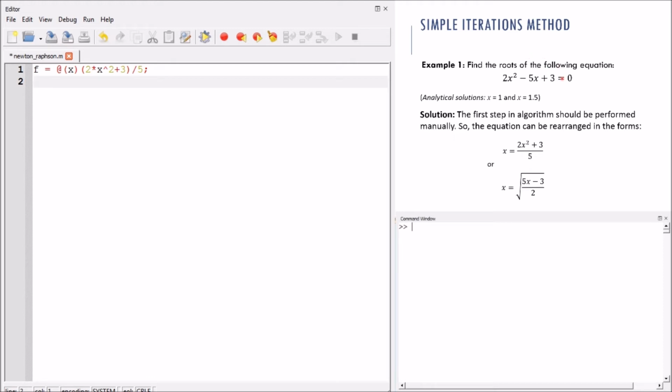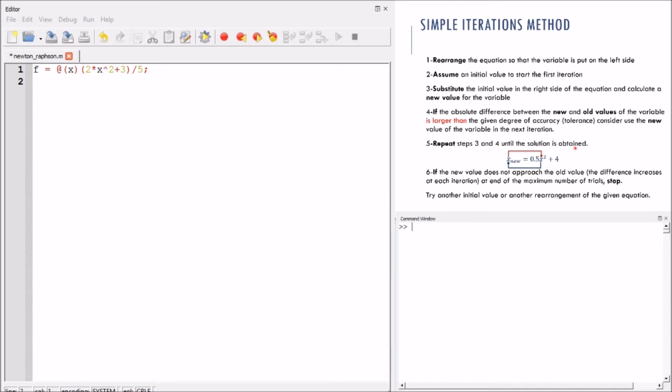Okay, now let's define the initial guess. To simplify the explanation, I will go to the previous page here in order to take the steps of the algorithm one by one and apply them in our code. So the second step will be definition of the initial guess.